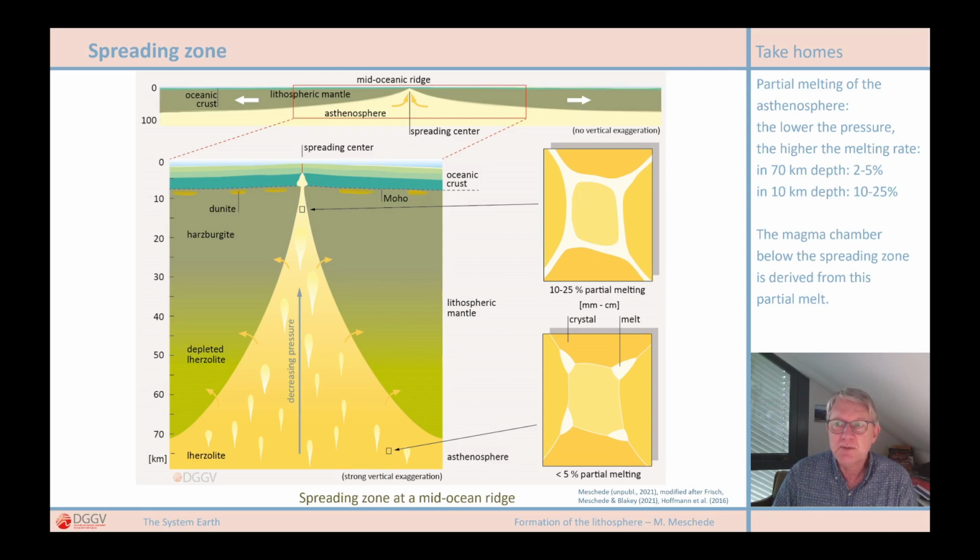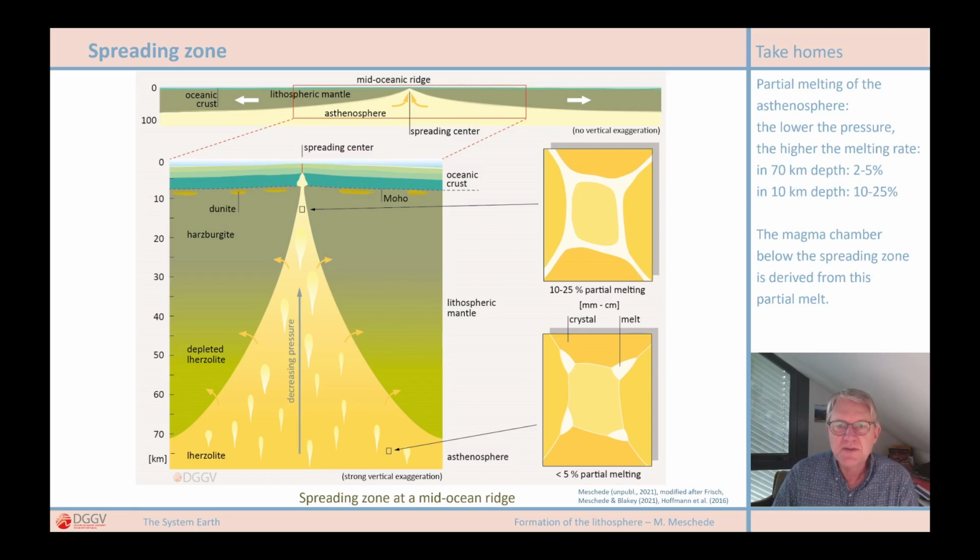As the newly formed oceanic crust drifts away from the spreading center, both the oceanic crust and the underlying asthenosphere gradually cool. However, when it cools, the asthenosphere turns into lithospheric mantle, because when the molten parts are crystallized, the rock is solid and then it's part of the lithospheric mantle.